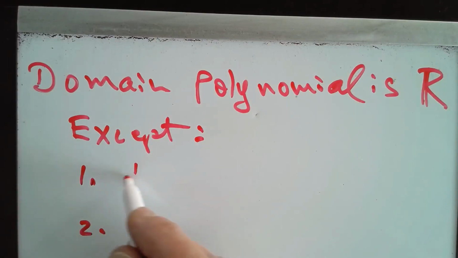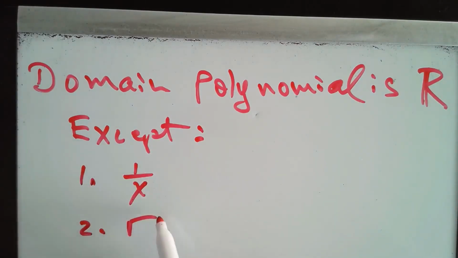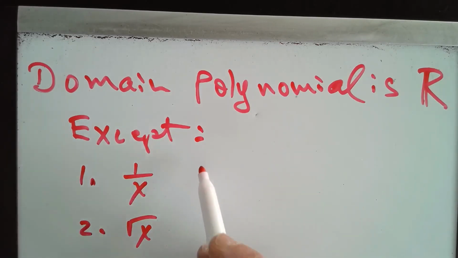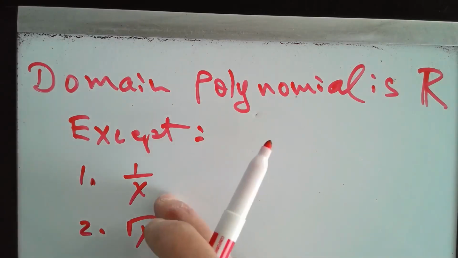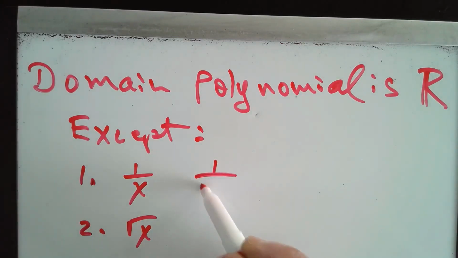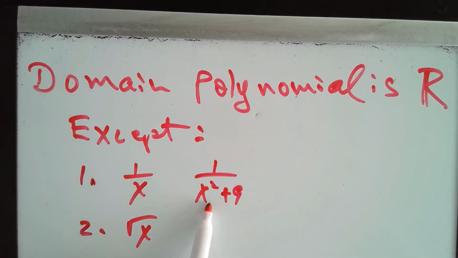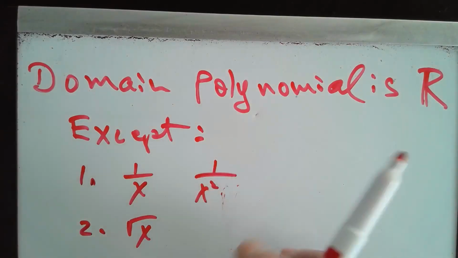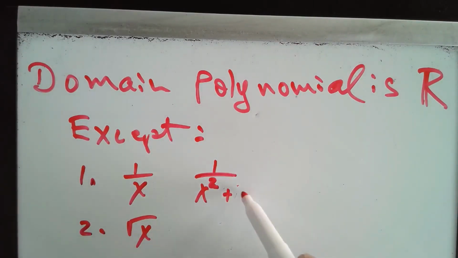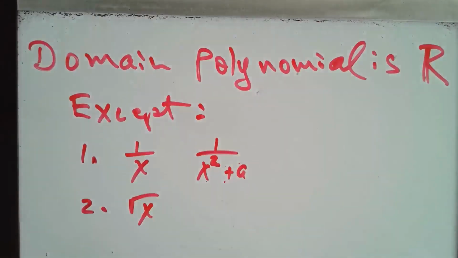When x is in the denominator, and when x is in the radical. The only exception to this is if you had the sum of squares, like x squared plus 9, or x squared plus 1. When you get an x squared plus a number, this doesn't apply, but otherwise it does.